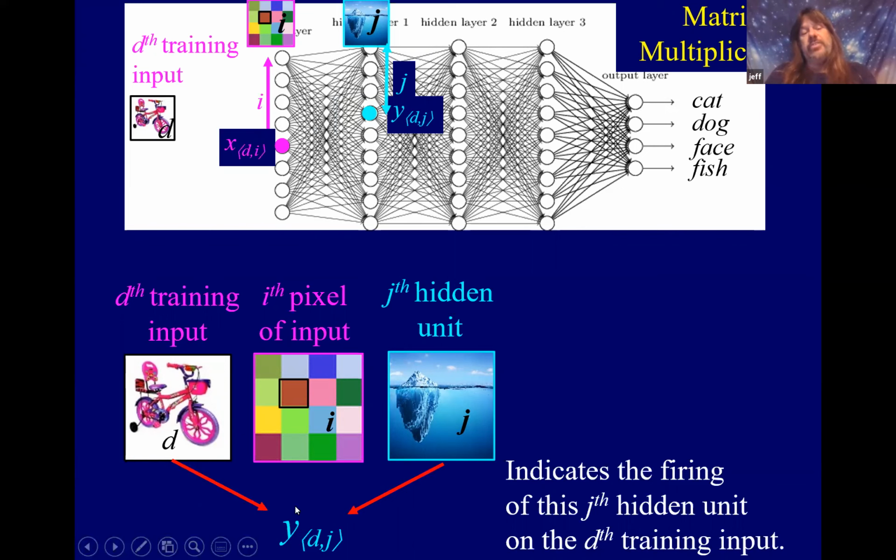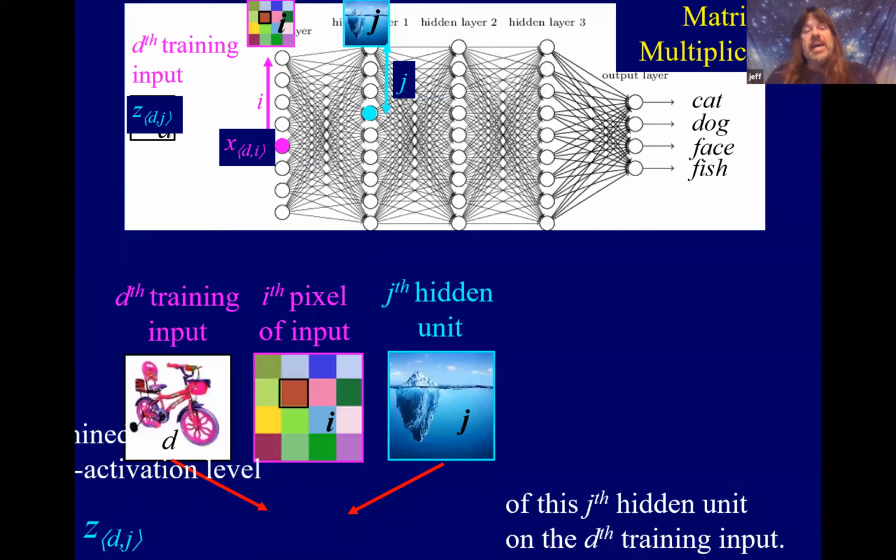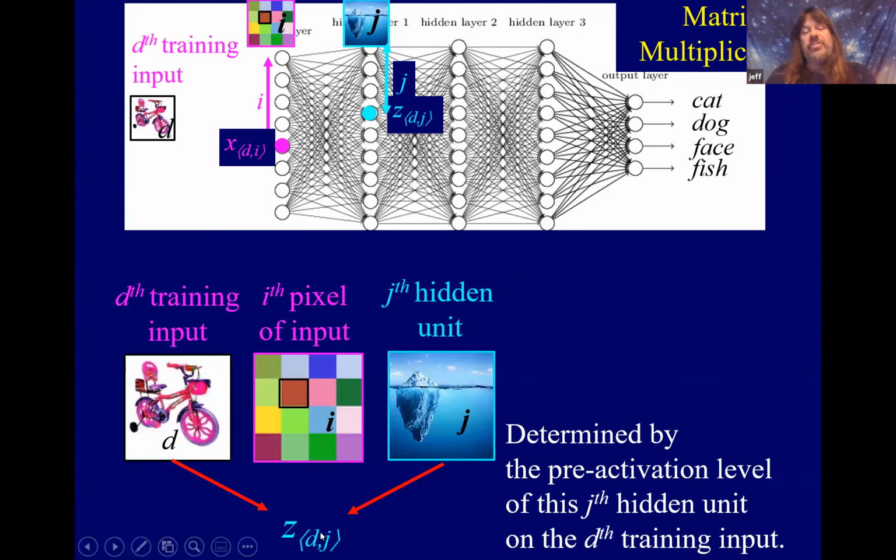We feed in the dth training data, look at the jth hidden node, and see how much it is activated. And then there's this pre-activation level. I changed the slide this morning, but I guess it didn't copy over.